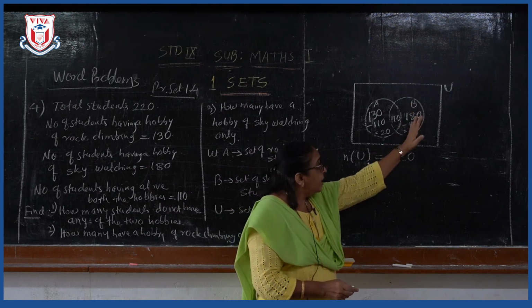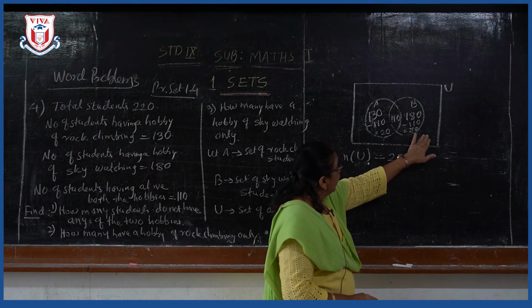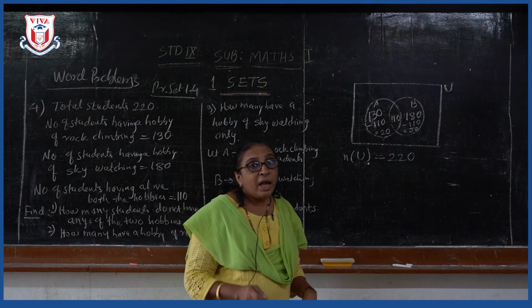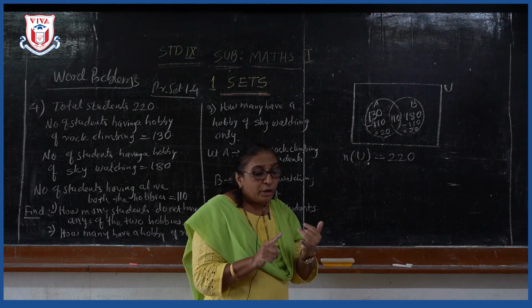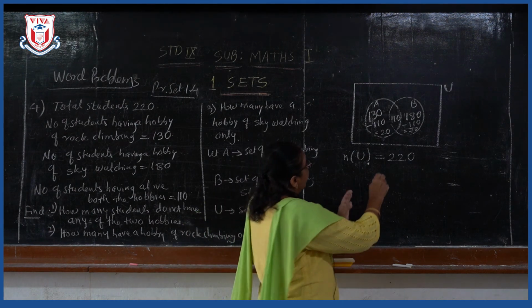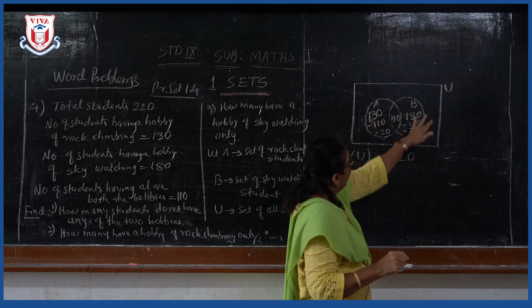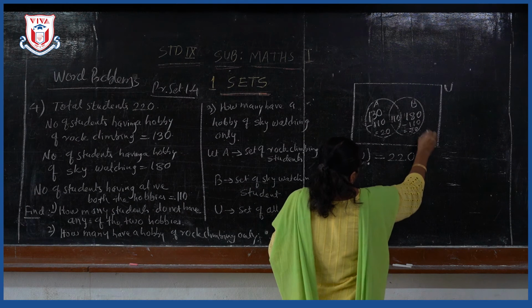Did you understand this? Now we have to find out the number of students who do not have any of the hobbies. That means this remaining part, how many elements are there, that we have to find out.